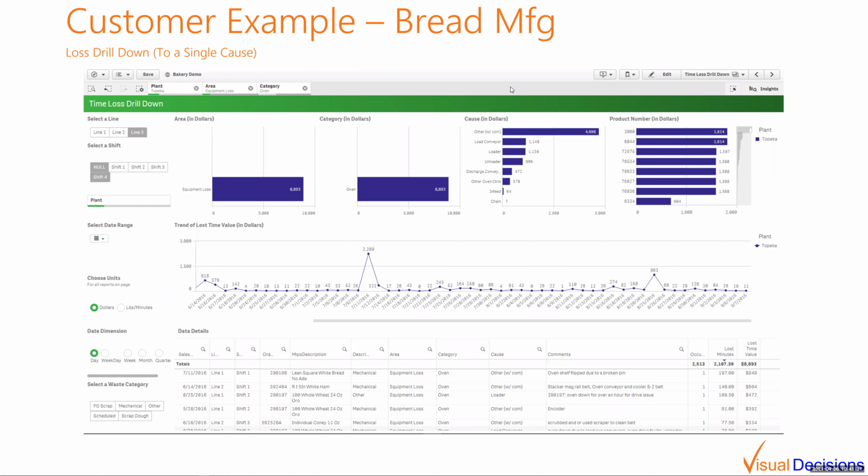The operators could tell you that that was an issue, but we had no idea how big of a problem it was, what frequency it was occurring, et cetera. And so once we had that information, we knew that it was worth putting a preventive maintenance task in place that periodically looked at those pins and replaced the ones that were fatiguing. And we completely eliminated the biggest source of downtime in that facility.